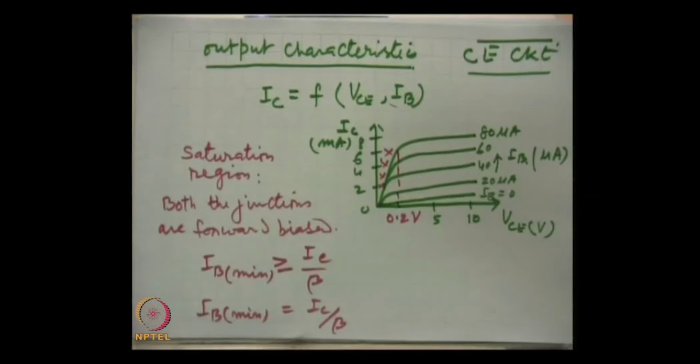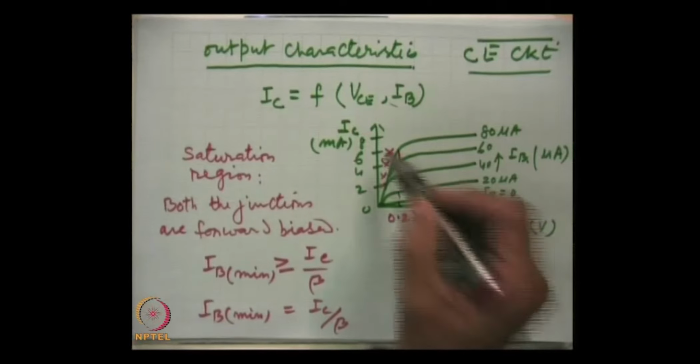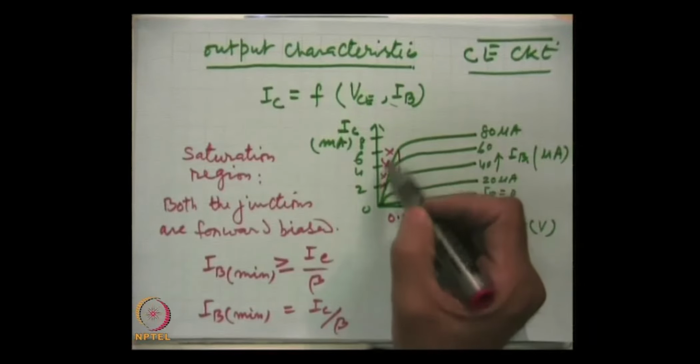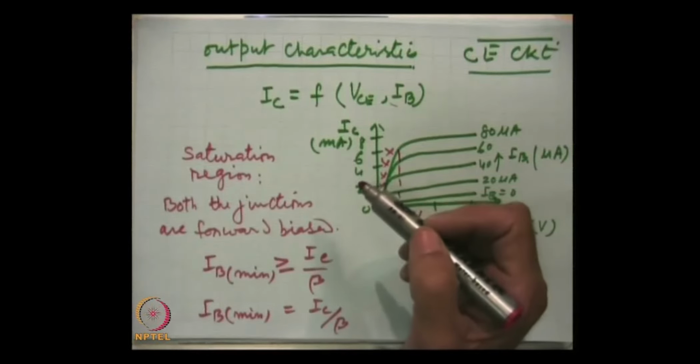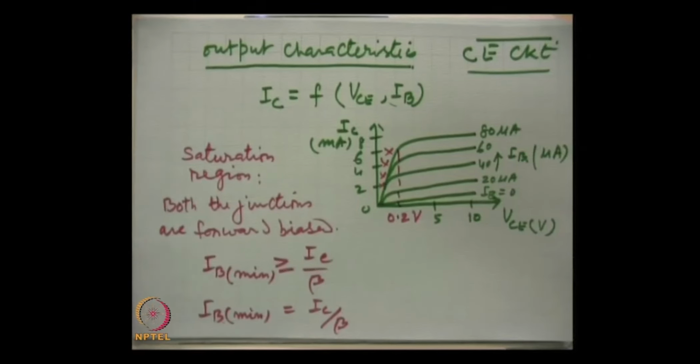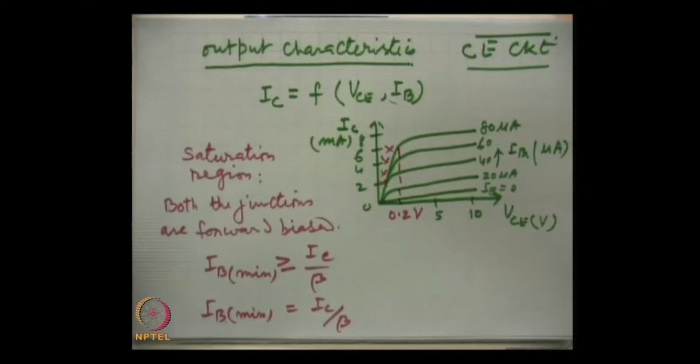If this condition is satisfied, then the transistor is in saturation. This state is used in digital electronics, and there we will have to see that the transistor is put to saturation. So, this condition is used for any circuit. We can find out the currents. We will take one example how to find out the currents in a circuit, and then this condition can be applied to see whether it is in saturation.